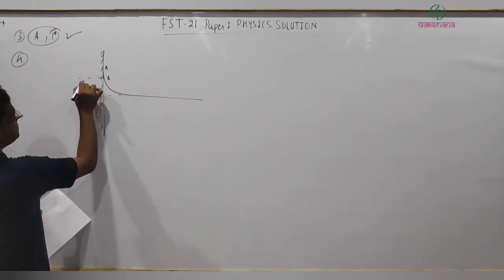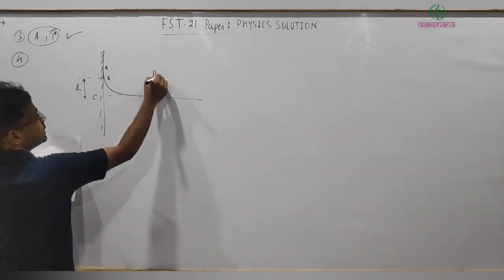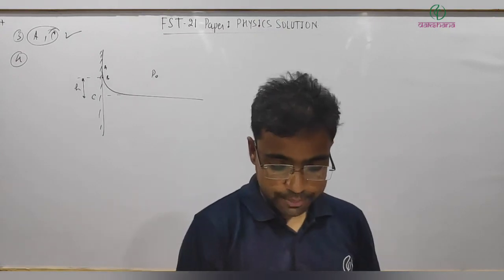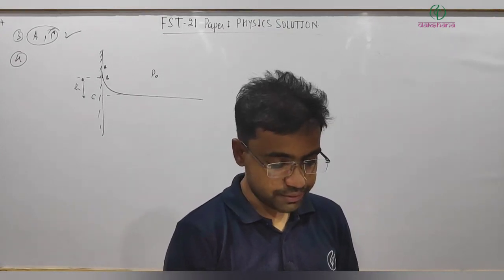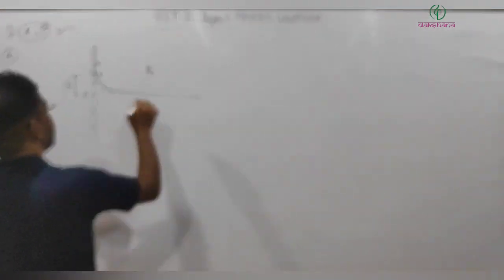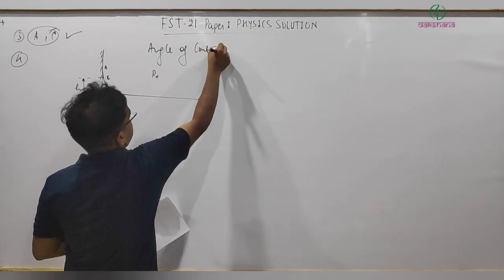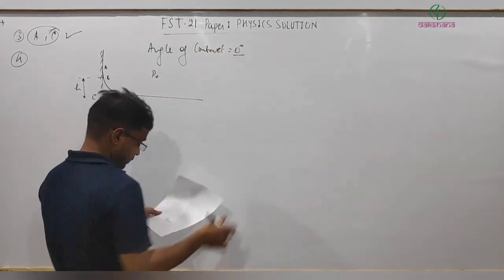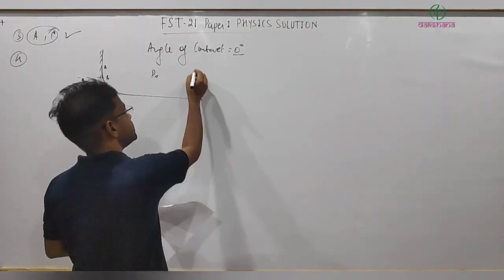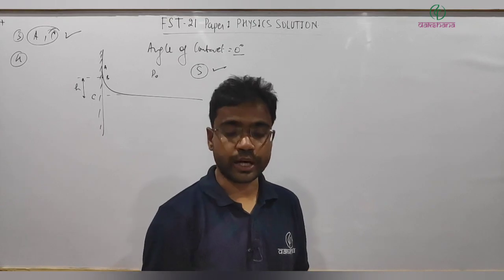The height is given as H, and the atmospheric pressure here is P0. This is the meniscus on the vertical wall as shown in the figure. The contact angle between the water and the solid wall is 0 degrees. The surface tension of the water is given as S.